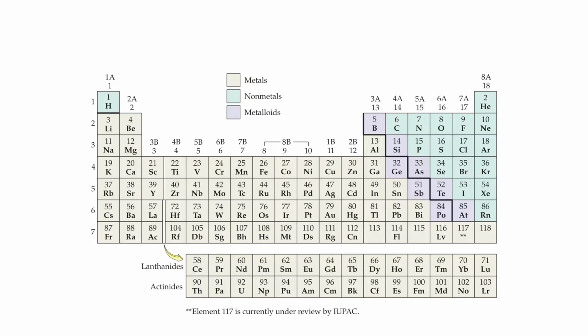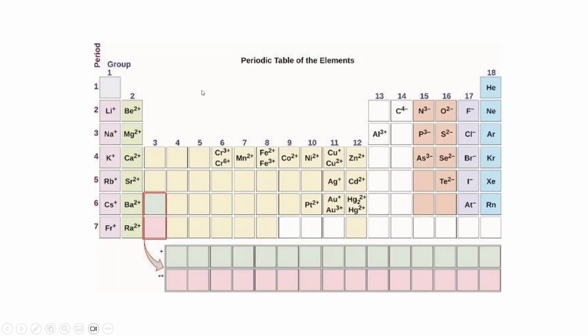When we look at this periodic table here, we can see the metals and the nonmetals. And when I discussed how we figure out charges, I said everyone in group 1A is going to have a +1 charge. Everyone in group 2A has a +2 charge.